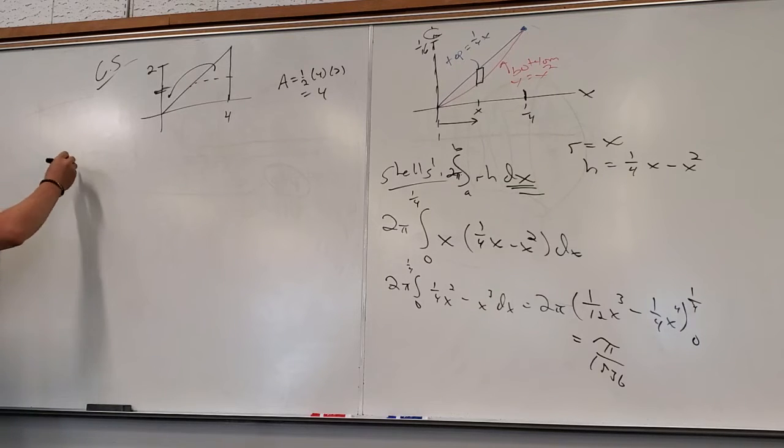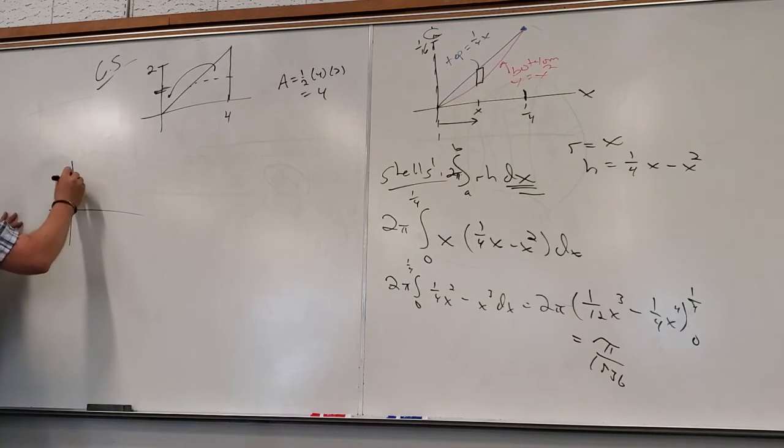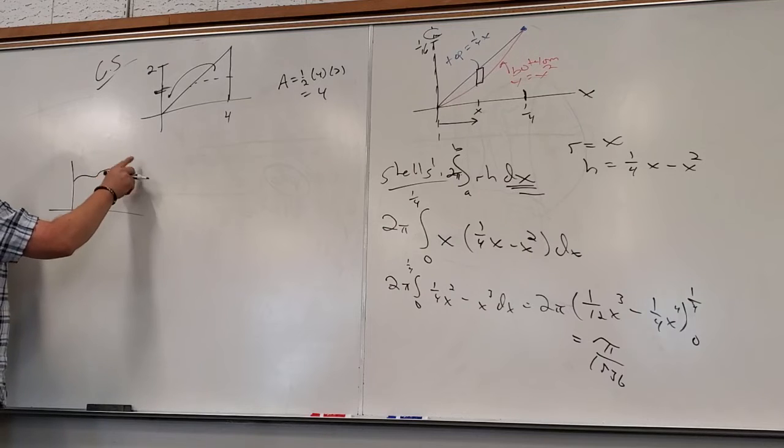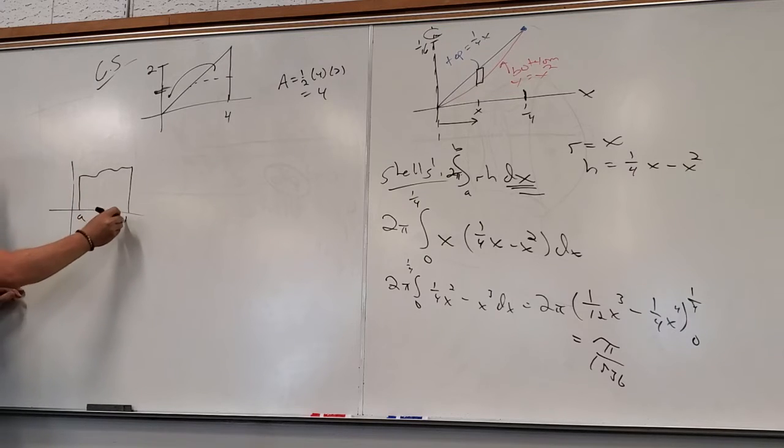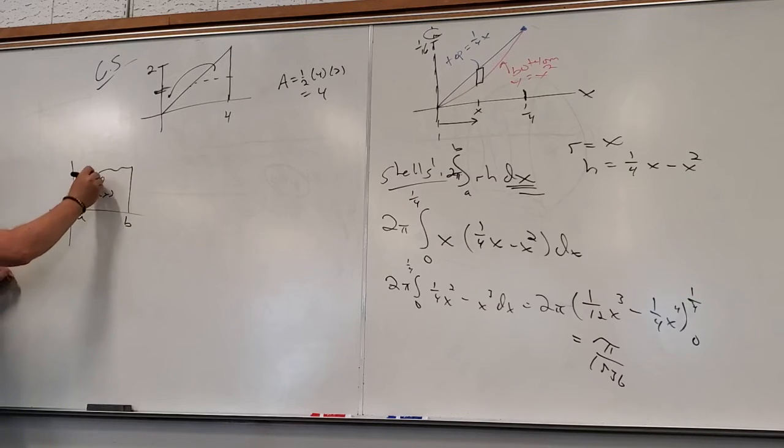Okay. So let's say I have some region, and I make it like this. So this is f of x.